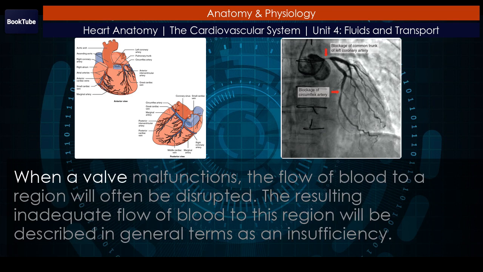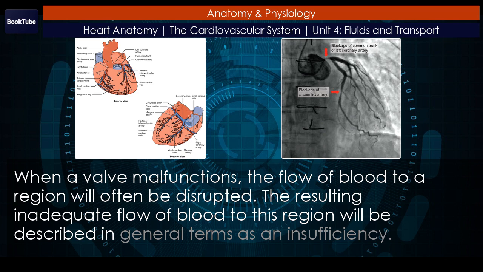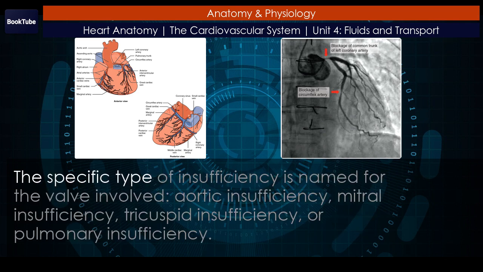When a valve malfunctions, the flow of blood to a region will often be disrupted. The resulting inadequate flow of blood to this region will be described in general terms as an insufficiency. The specific type of insufficiency is named for the valve involved: aortic insufficiency, mitral insufficiency, tricuspid insufficiency, or pulmonary insufficiency.